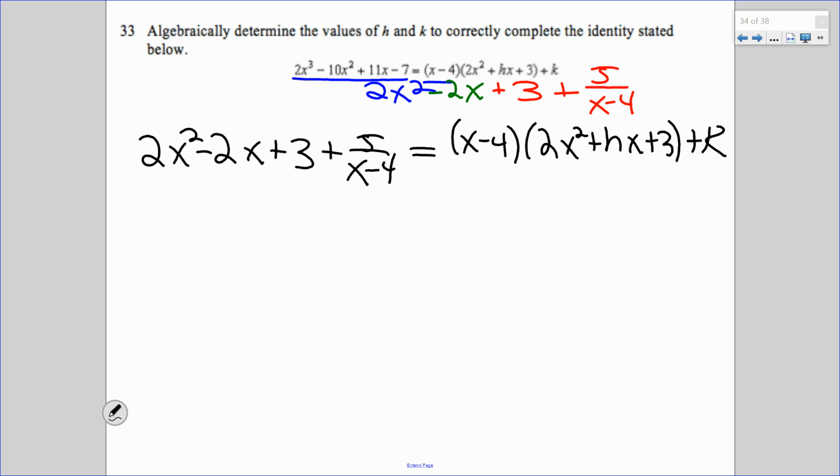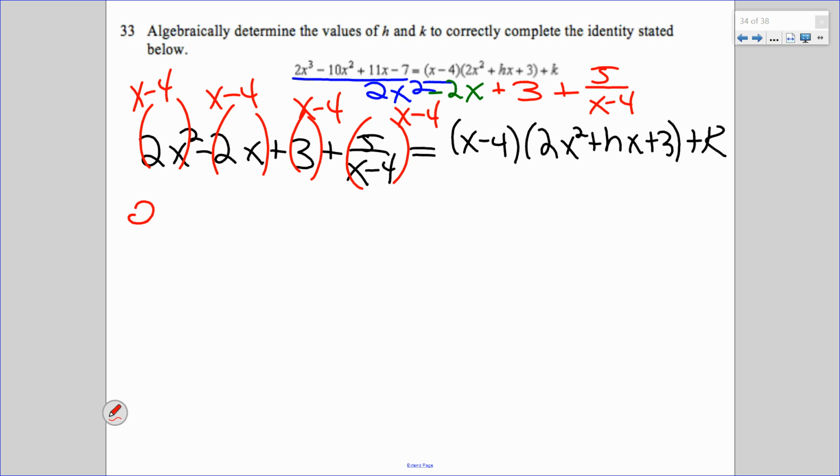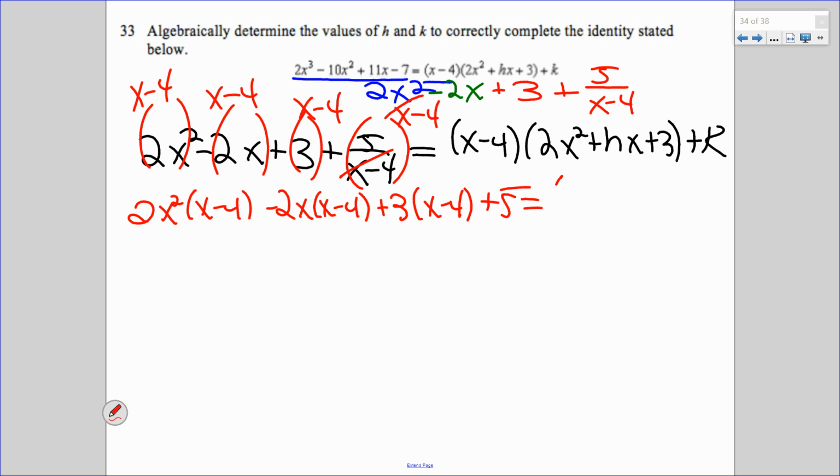To get rid of this fraction, I'm going to multiply everything by the LCD, x minus 4. So I have 2x squared times x minus 4, minus 2x times x minus 4, plus 3 times x minus 4, plus 5 equals x minus 4 times 2x squared plus hx plus 3, plus k.